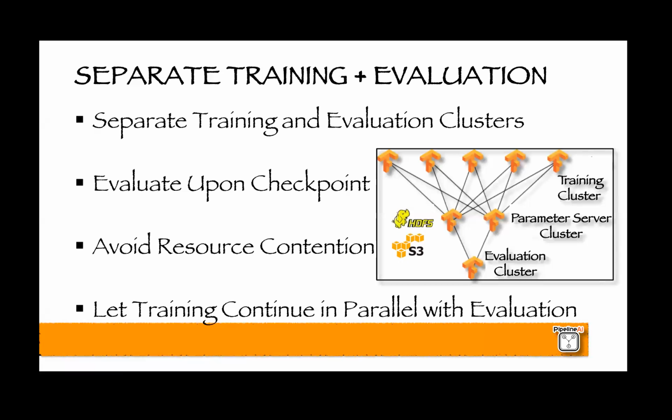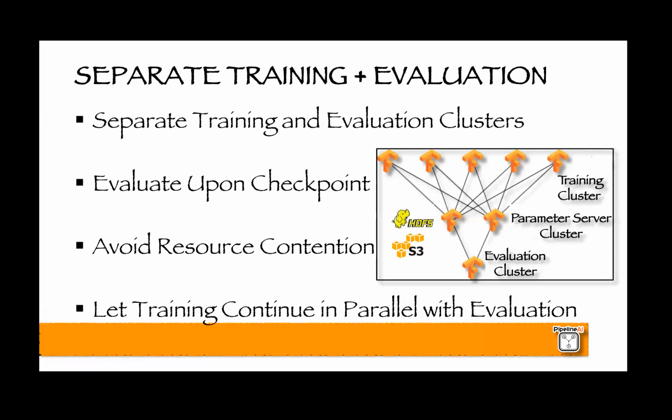And then every hour, the evaluation cluster spins up and grabs that latest checkpoint from HDFS or from S3 or something. And so now there's this evaluation cluster, which can be much smaller than the training cluster because it's only operating on 10%, 20% of the data.